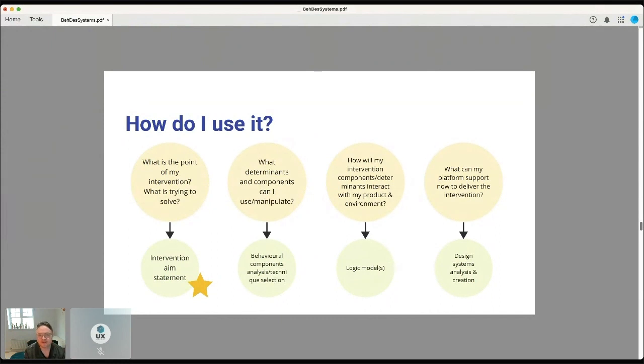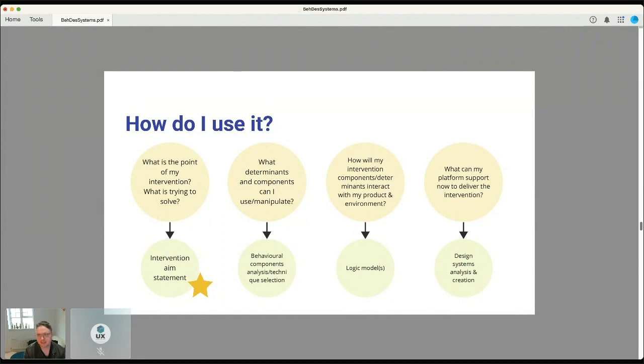Another question to think about from an intervention design perspective: how will my intervention and the components or the determinants interact with my product and environment? So again, another way of modeling this is through a logic model. There are specific ways to do this, but you can mix and match with UX things as well. So something to think about. And then from a practical perspective, what can my platform support now to deliver the intervention?